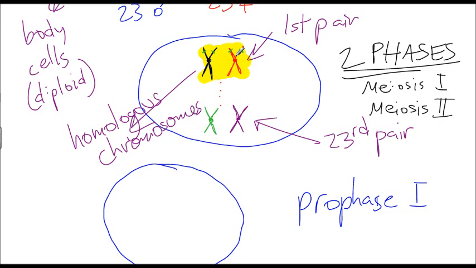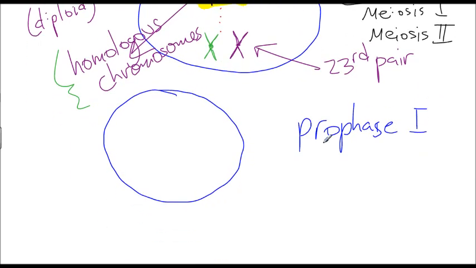So they pair up according to what kind of information these chromosomes give off. And that's what we refer to as homologous chromosomes. And in prophase 1, these homologous chromosomes pair up with one another. They find each other and they pair up.